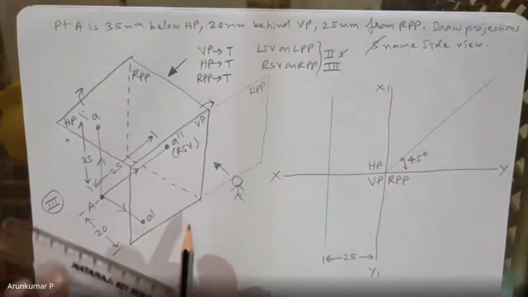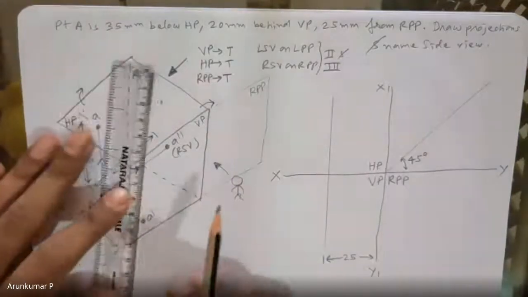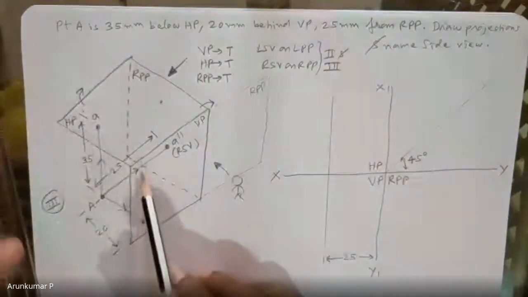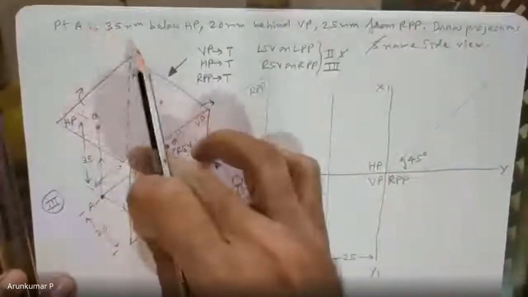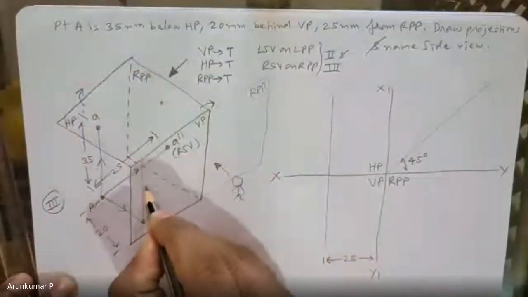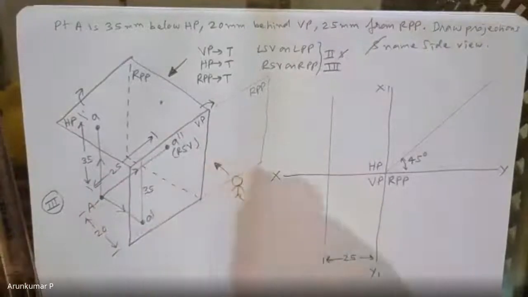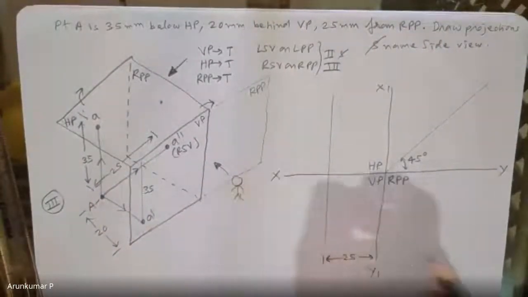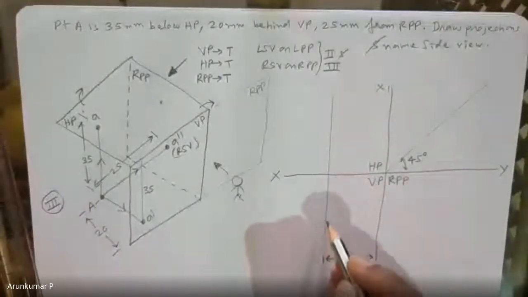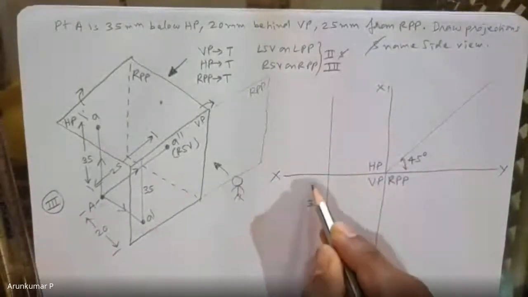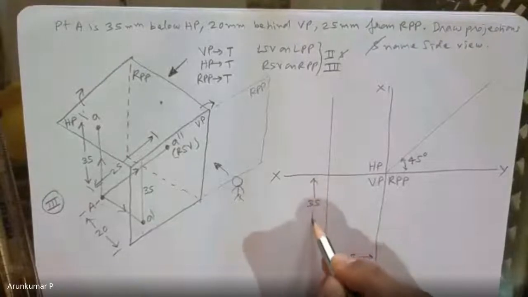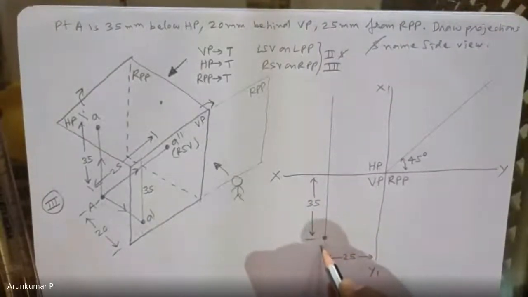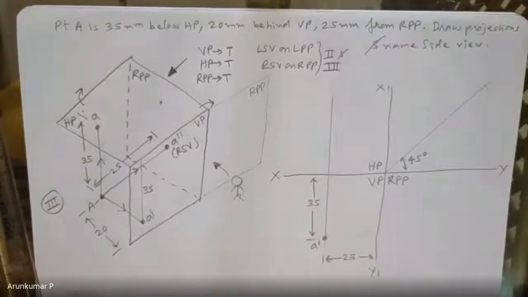Now, tell me, what is this distance of A dash from XY line? How much is this? 35 mm. Exactly, 35. So 35 mm below, that is 35 mm from the XY line, I will get the front view A dash.